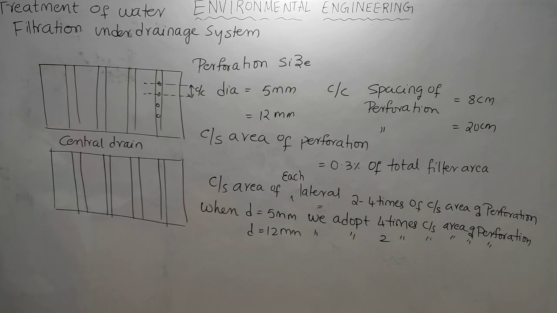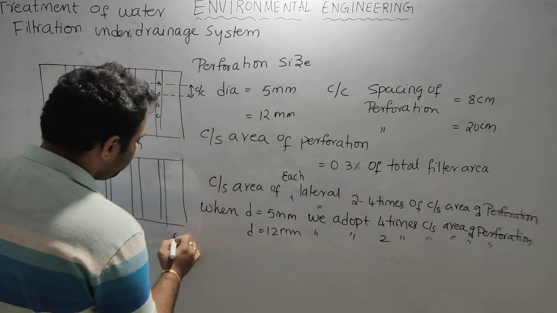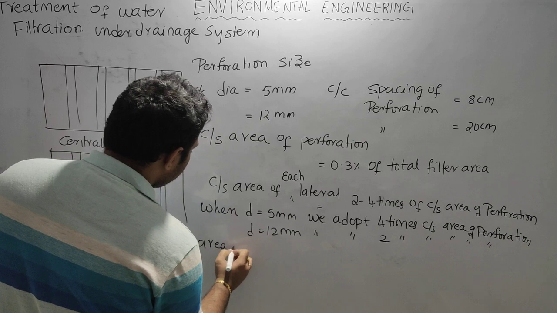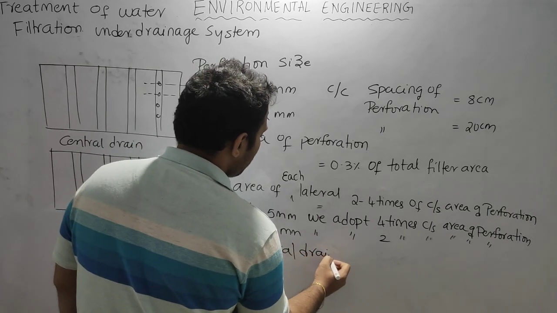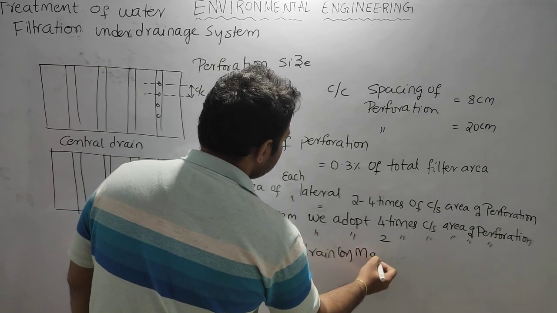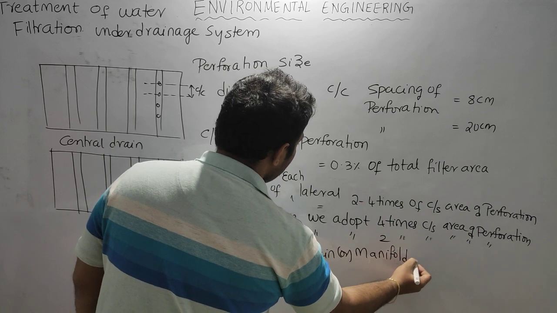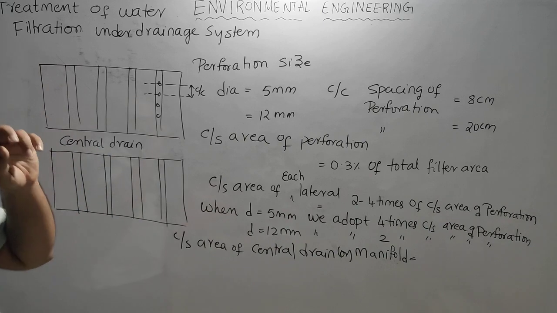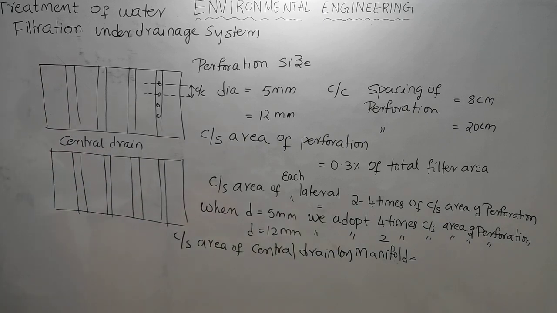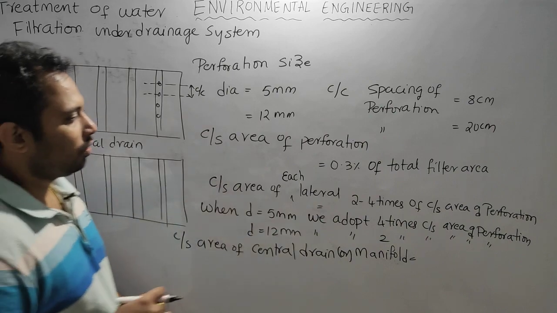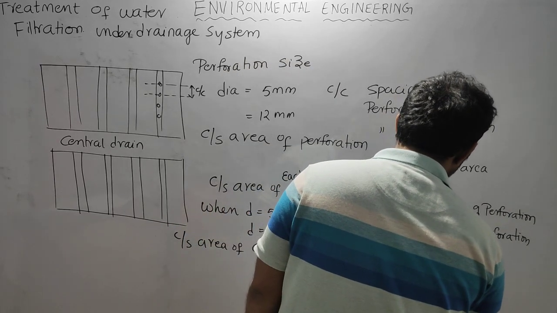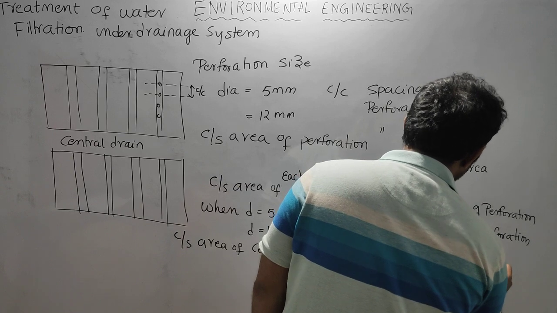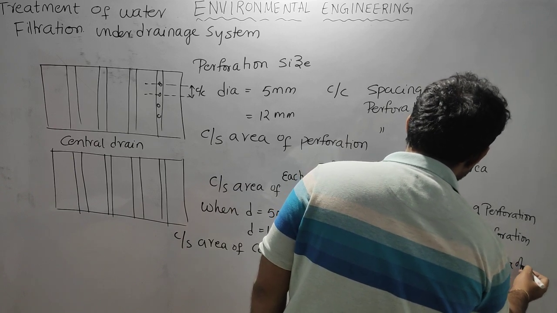And next is the cross section area of the manifold or the central drain. It is 2 times the cross section area of the lateral, whatever cross section area of lateral you got, 2 times of it, because it is coming from 2 sides.